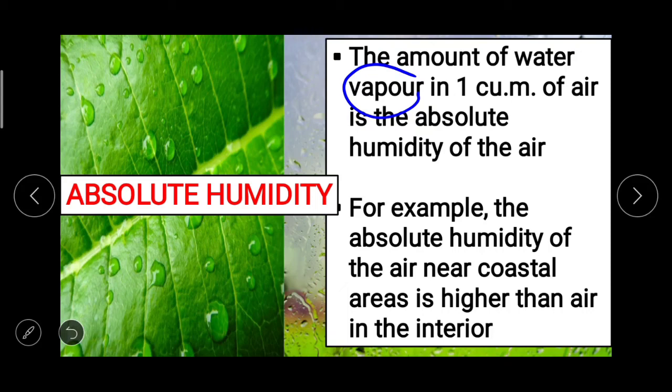Now for example, the absolute humidity of the air near coastal area is higher than air in the interior.